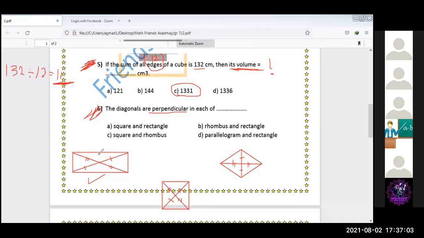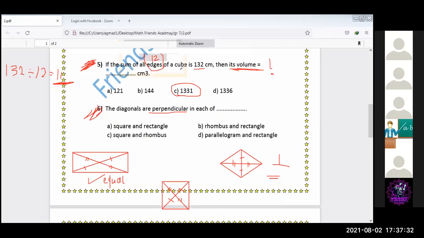But in the rectangle, the 2 diagonals are equal in length, but not perpendicular. In the rhombus, perpendicular, I will draw the sign for perpendicular instead of writing, but not equal.